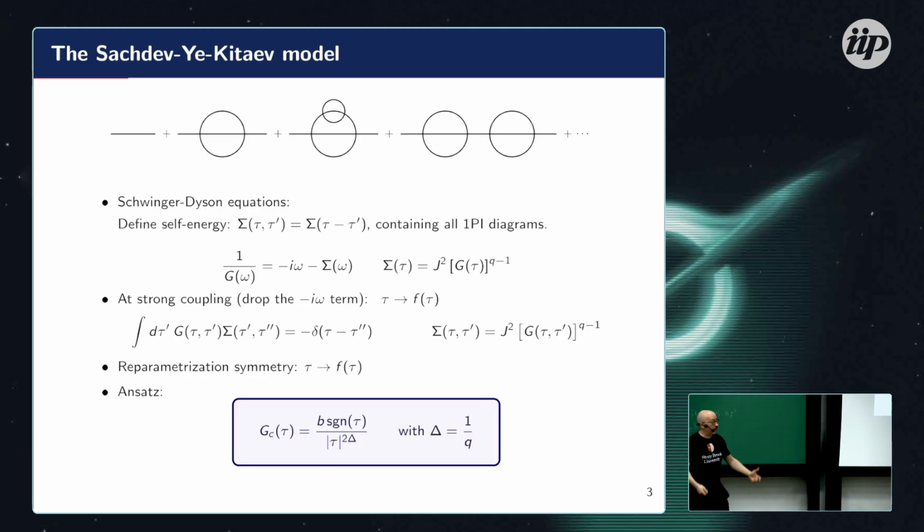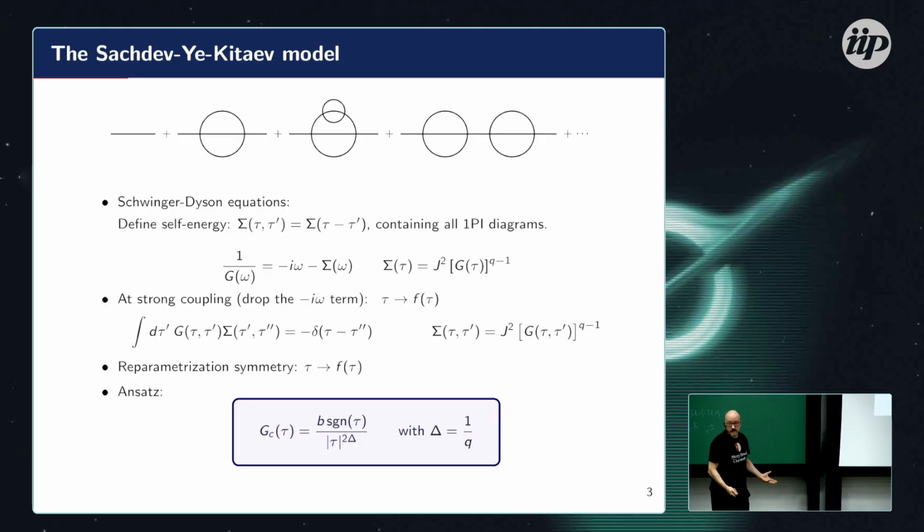Or at strong coupling, you can drop this i omega term here, and realize that your system, which is now these two equations, enjoys some time reparametrization symmetry. Tau goes to f of tau, and then G and sigma transform covariantly.